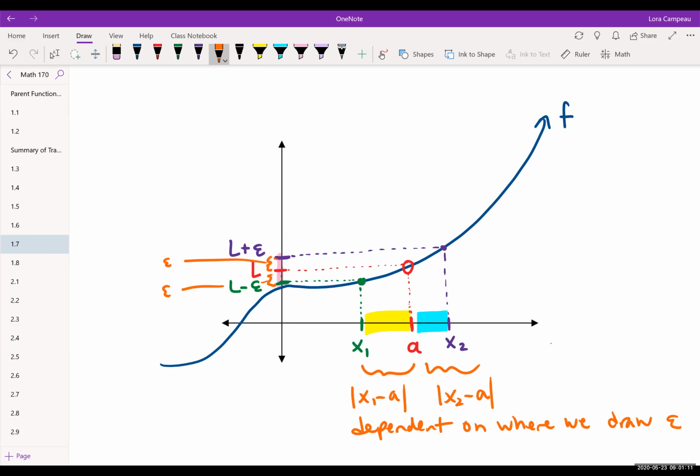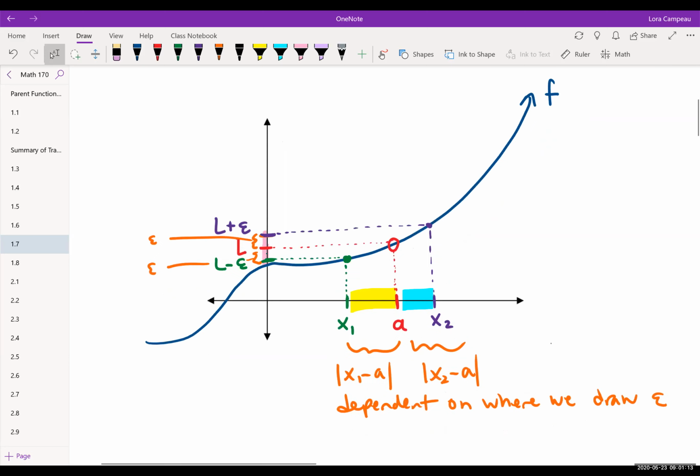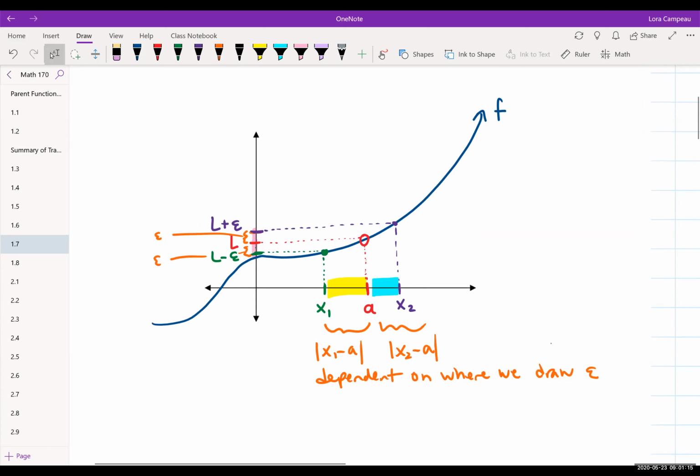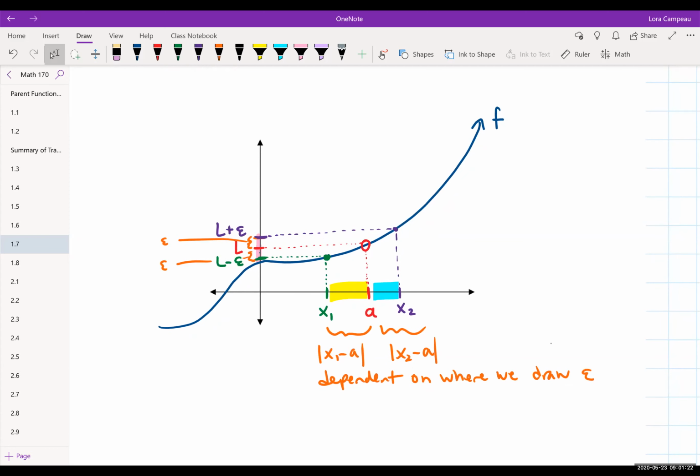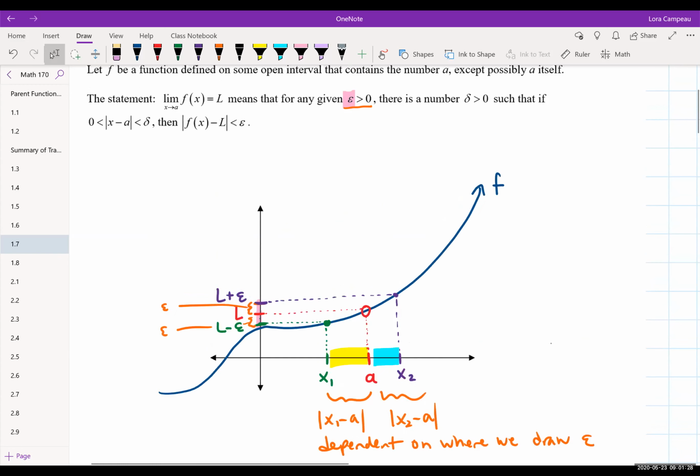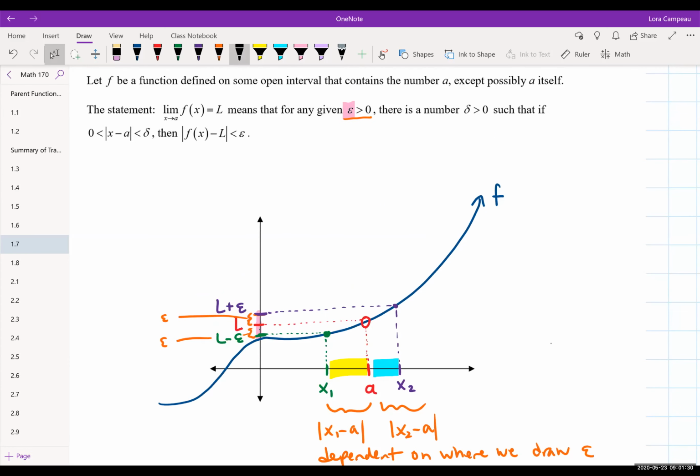Notice they're the same distance from the limit each time on the y-axis, but when you map them back down to the x-axis, you may get two different values. So if I'm going back to the limit definition, we're looking for this distance.